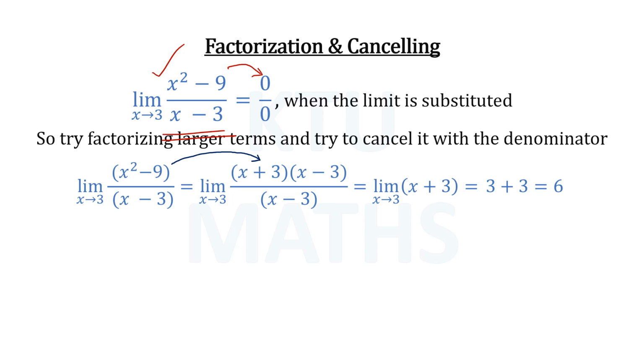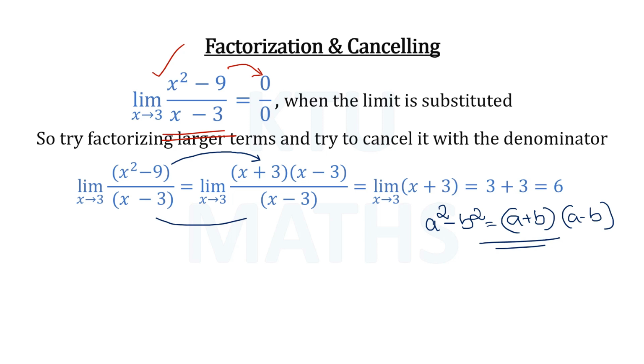I will write the identity now: a square minus b square equals a plus b times a minus b. This is the identity from which we factorize the numerator, and we keep the denominator as such. Now we can cancel the terms. We cancelled it and we got this term only. Now we can substitute and we got 6.